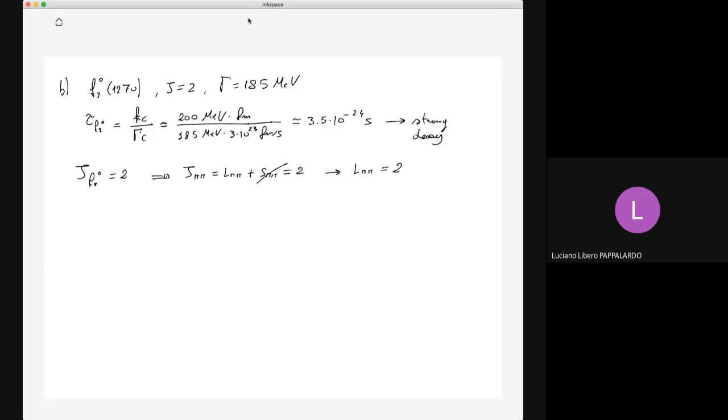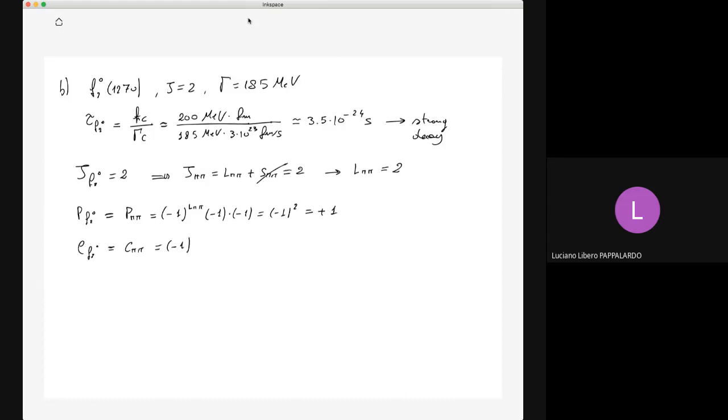And so we now just repeat the exercise. So for the parity, this must be equal to the parity of the final state, because parity is conserved. And so this is (-1)^L_ππ, intrinsic parities both negative. And so this is (-1)^2, because L is equal to 2. And so in this case, it is positive. And similarly, for the charge conjugation, this must be equal to the charge conjugation of the final state.